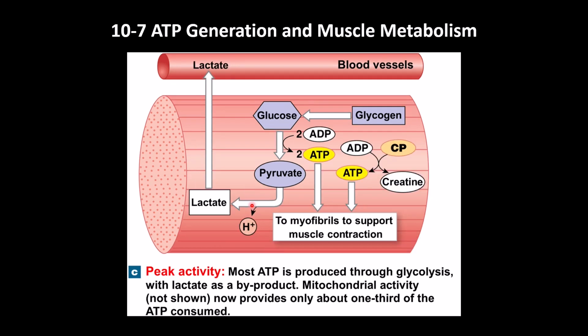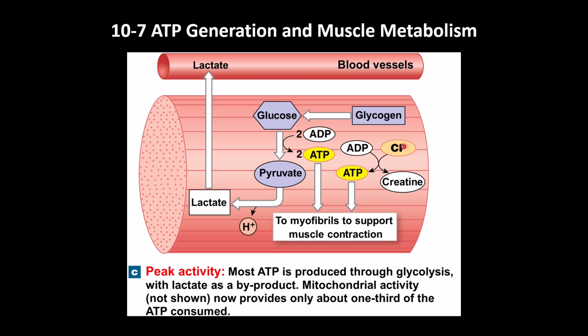Then what will happen if you're doing a lot of activity, and not enough oxygen is going there? Now mitochondria may not have much function, and that's a problem. So here glycogen is broken down to glucose, and then in the cytoplasm you produce only 2 ATPs. From glucose to pyruvate, only 2 ATPs.